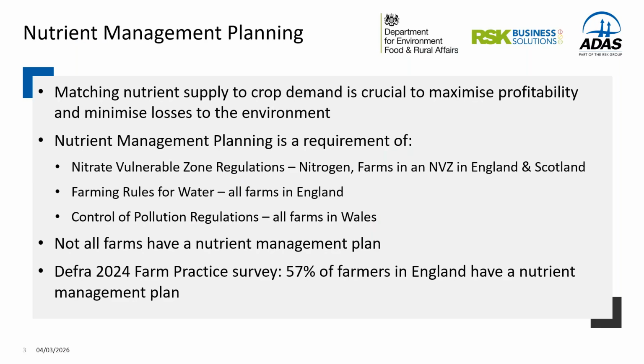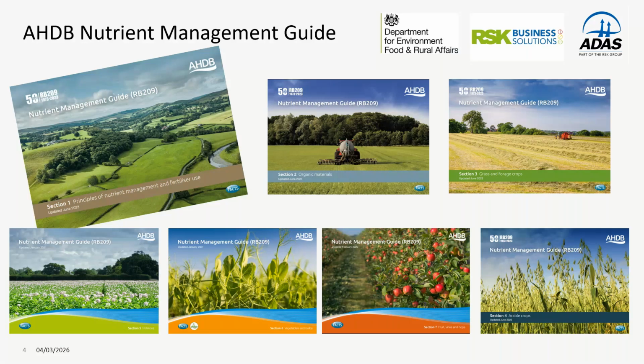So the AHDB Nutrient Management Guide, or RB209, is the key reference for all our guidance on nutrient management planning in England and Wales. It is published as 7 sections, which you can see on screen here. Section 1 provides guidance on the principles of nutrient management.